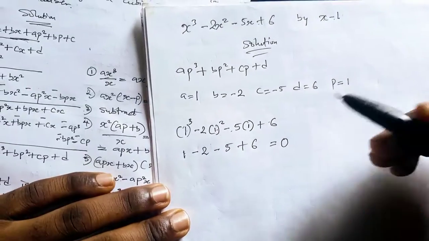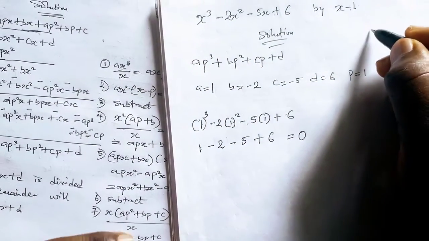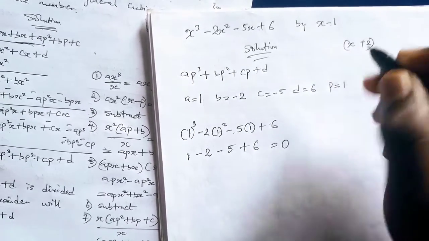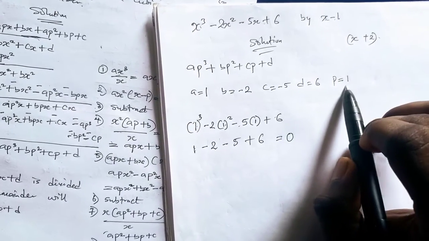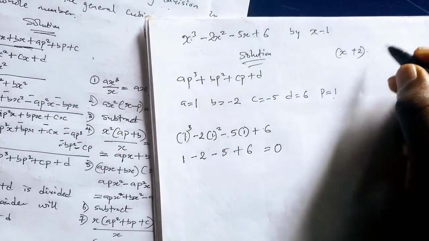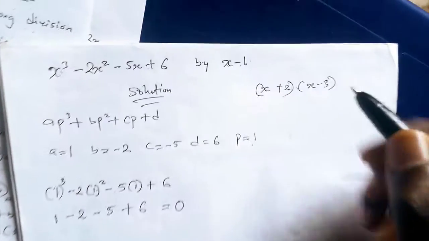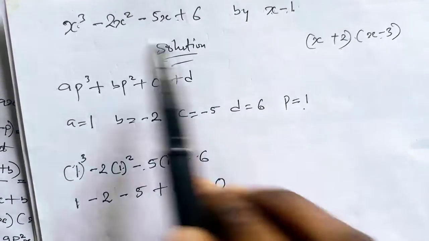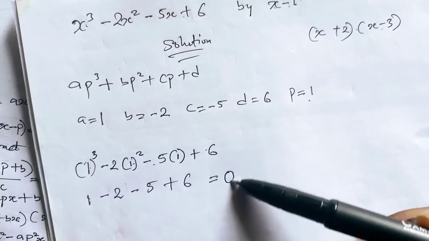And we can try other values ranging from 1, and you will discover that x plus 2 is also a factor when you impute negative 2 as the p, and also that x minus 3 is a factor. So this is what the remainder tells us. If I impute a positive 3 into this expression, my answer will be 0.